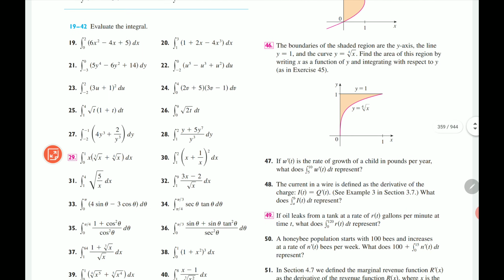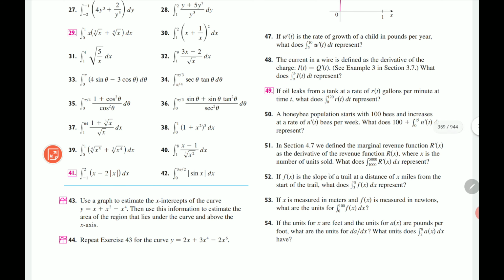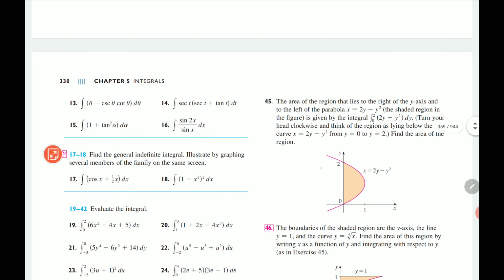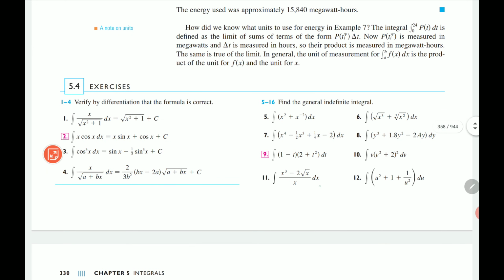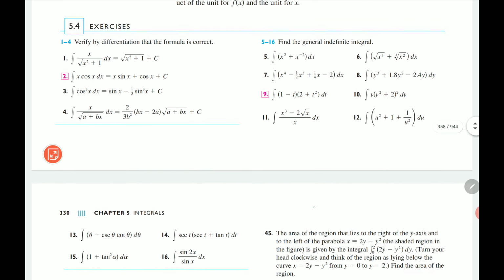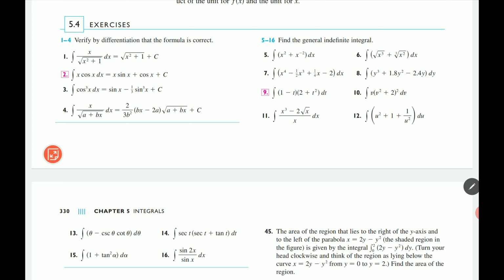So let's see what I'm going to give you for homework. Let's just write this down. Let me say this and post it at the same time.